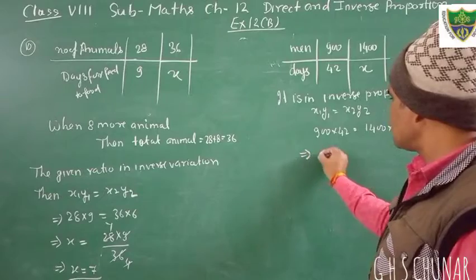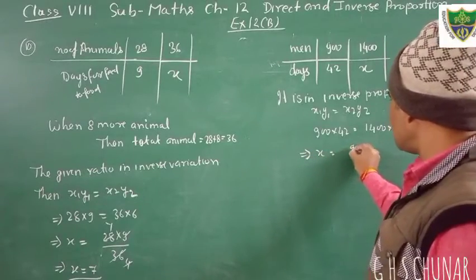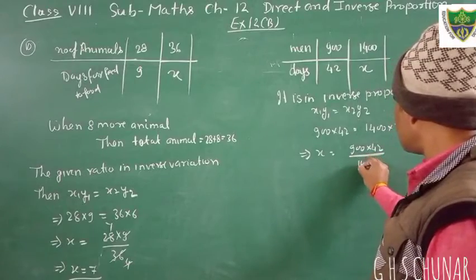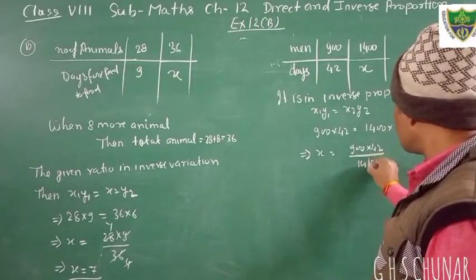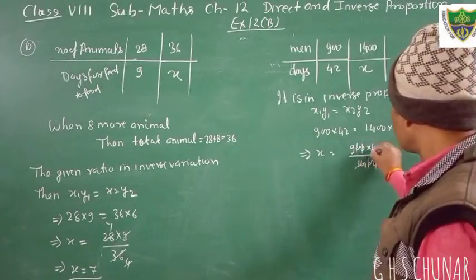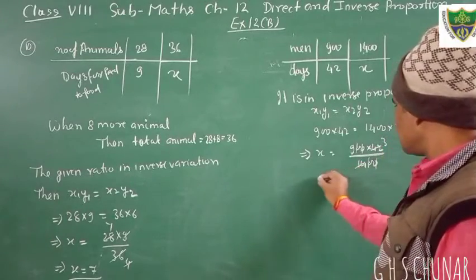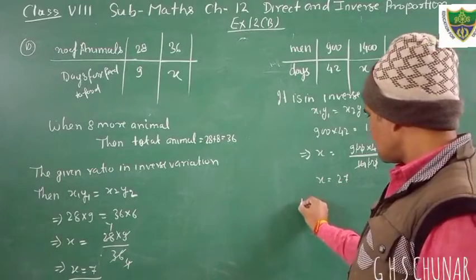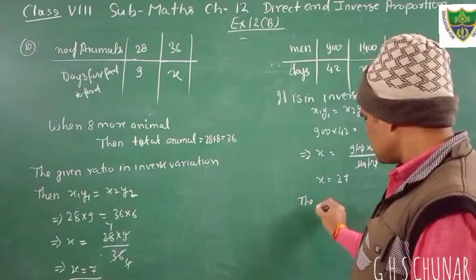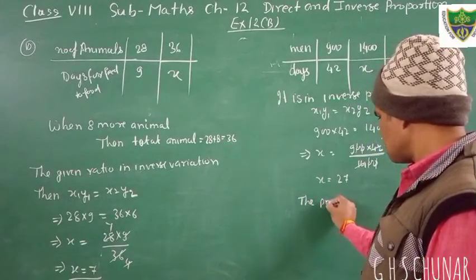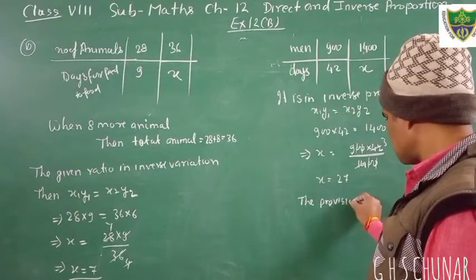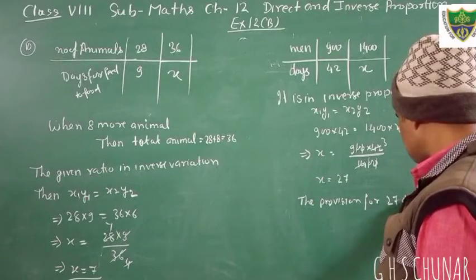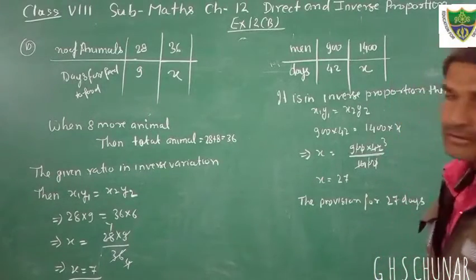This implies x is equal to 900 into 42 upon 1400. Zero is cancelled by zero, x is equal to 27. So the provision is for 27 days. Okay, you note it.